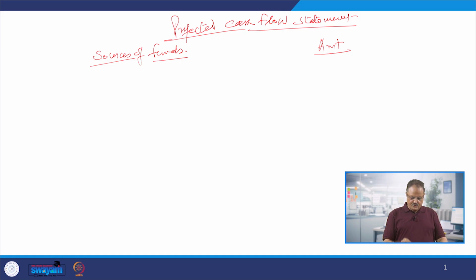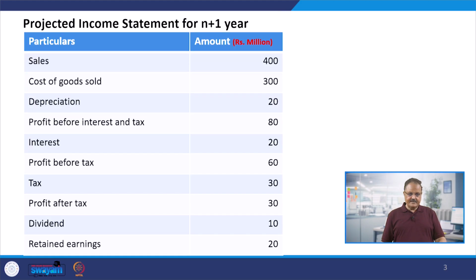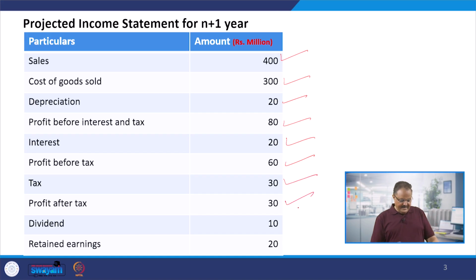The information is going to come from, for example, this balance sheet. This is the balance sheet given to us for the current period. We are given already the projected income statement for the n+1 year, which includes sales, the cost of goods sold, and depreciation as an expense. So, profit before interest and tax is worked out, then we have interest, then profit before tax, we have to pay the tax, then after that we calculated the PAT, profit after tax.